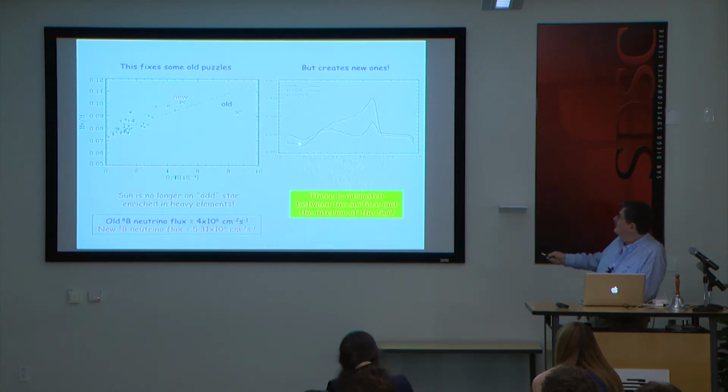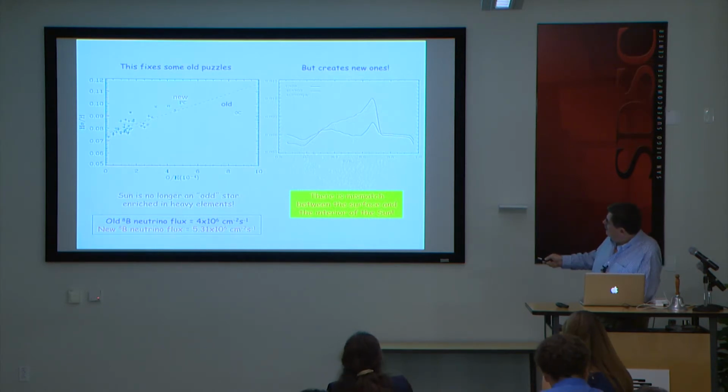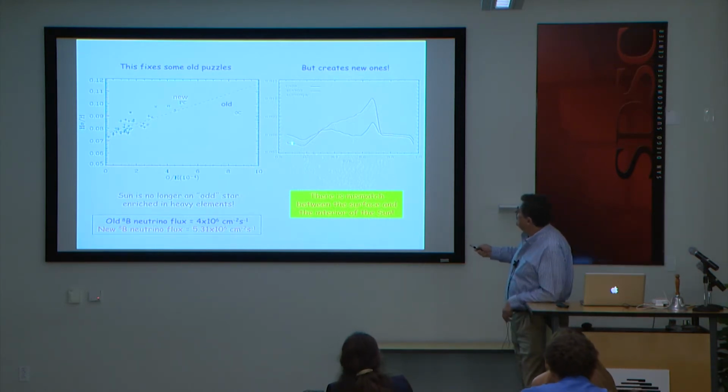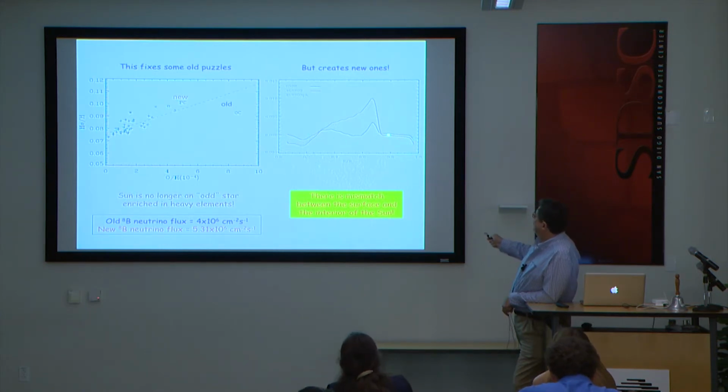This is the solar sound speed. I don't know if you can read that, but this is the deviations from the standard solar model. This is the solar model, and these are the deviations. The dark black curve is the original observation, and if you take the new observation and invert that, you get this quite a discrepancy.